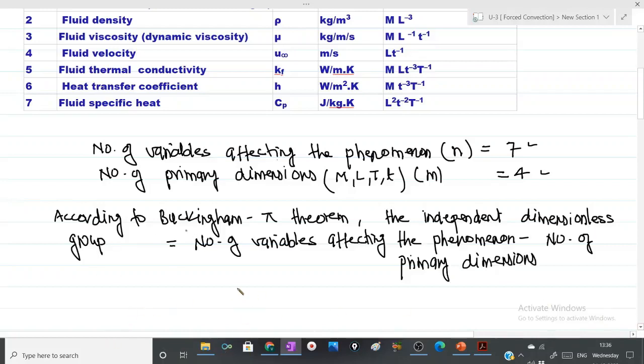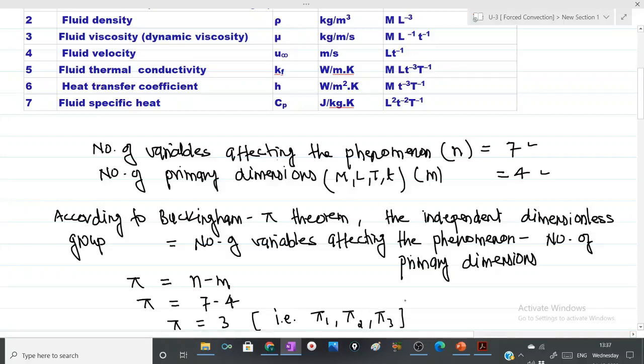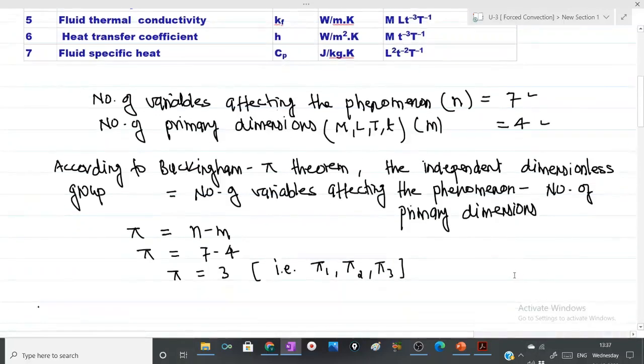And these independent dimensionless groups are called pi terms, and they can be given as small n minus small m. So there will be 7 minus 4. So the total number of pi terms will be 3, and these can be represented by pi 1, pi 2, and pi 3 independent dimensionless groups.